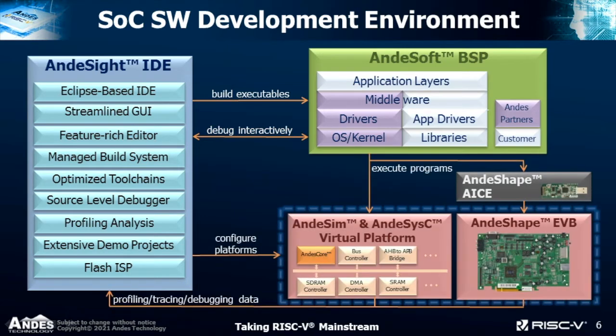Then deploy to the AndeSight EVB via AndeSight Pro, or simply execute the application on the AndeSync or AndeSync virtual platform. In a single graphical user interface, you can do all the development, building, executing, debugging, tracing, and profiling of the software.